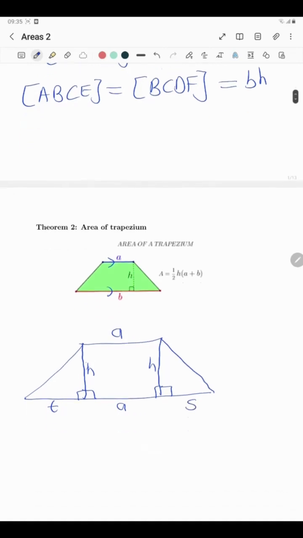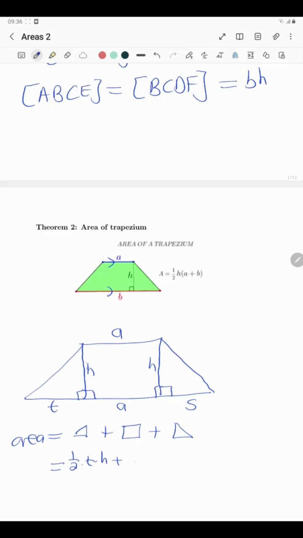Great. And so the area will be the triangle plus the rectangle plus the area of the triangle on the right. Okay, let's do the maths. The area of a triangle we know is a half t times h.